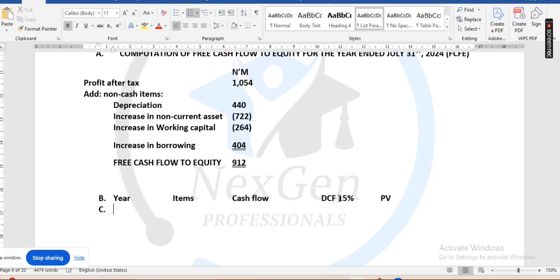So we're told that the free cash flow to equity will grow by 18% in year one. I want to abbreviate, please. You can say cash flow, or free cash flow, anyone.